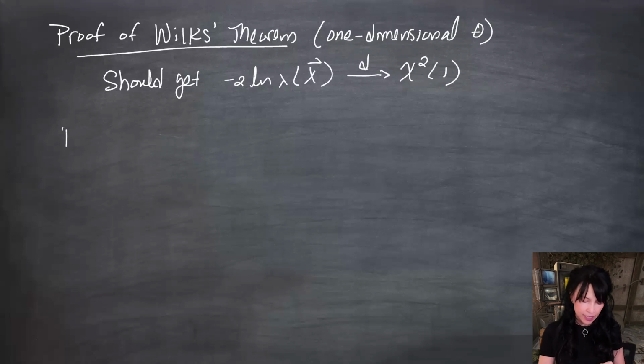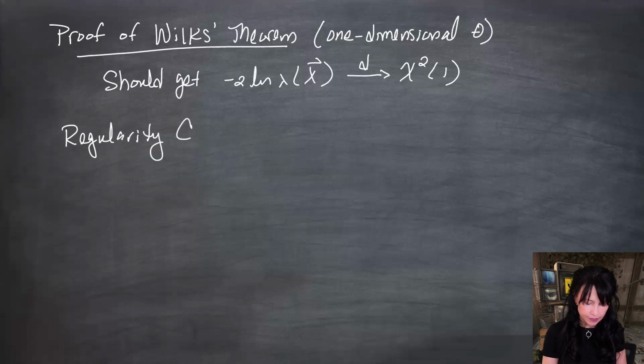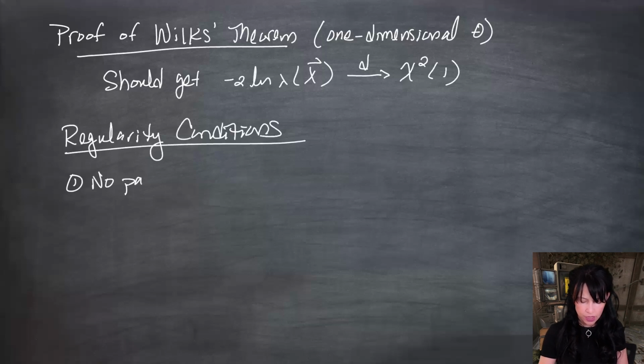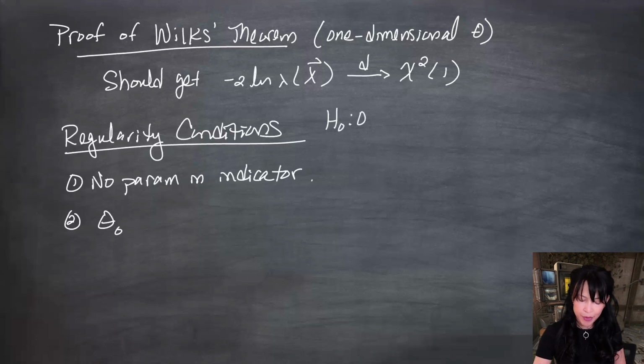Now, I did say there were certain regularity conditions that we're going to need. So number 1 is no parameter in the indicator. Once you have that, you cannot use Wilks' theorem. The second is that the theta naught, so I didn't write it, I said it, but the null hypothesis is going to be theta equals theta naught versus the alternate that theta does not equal theta naught.